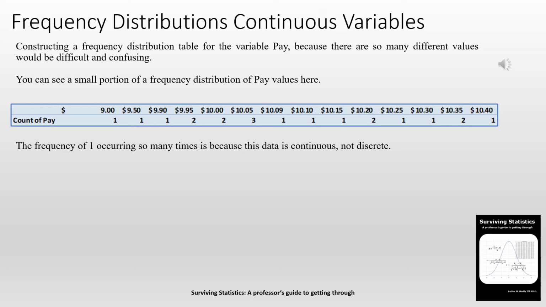There would be way too many values, and many of our values are just going to report one observation. And so there's a better way to do this. We're actually going to learn how to categorize the continuous variables and put them into real categories like we did with the favorite color and the other items that were very easy to put into a frequency distribution.